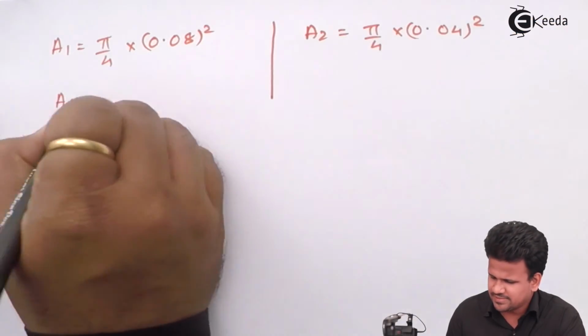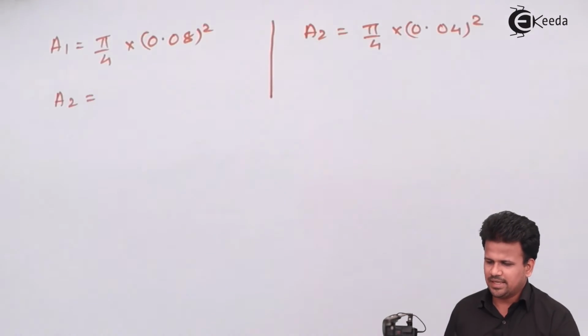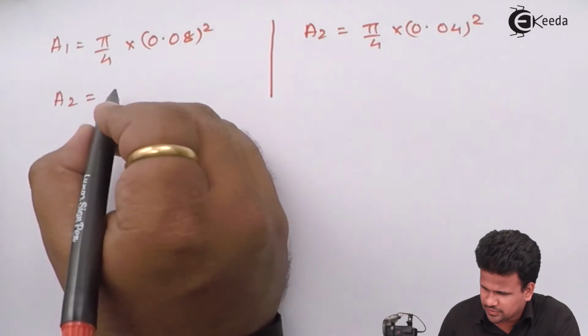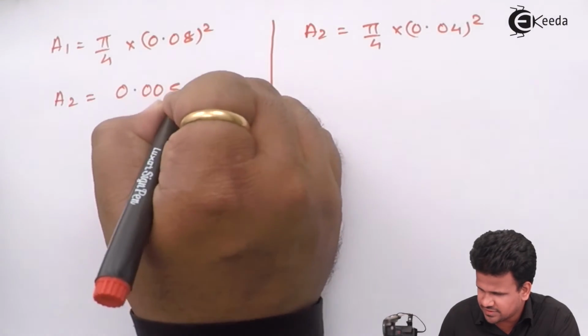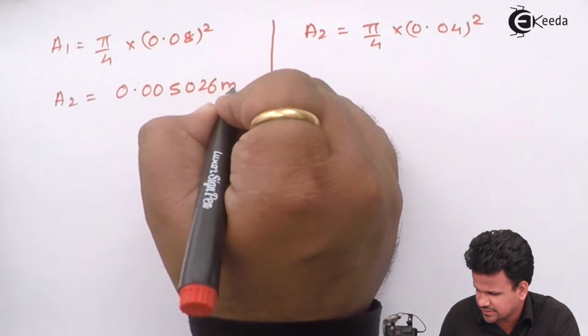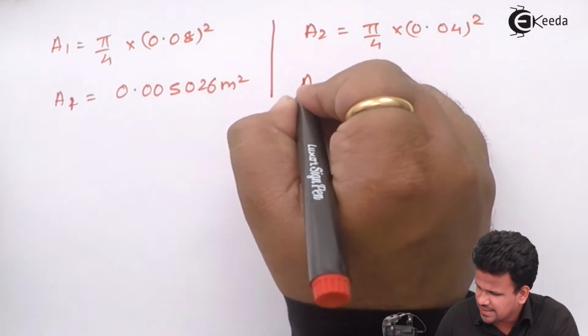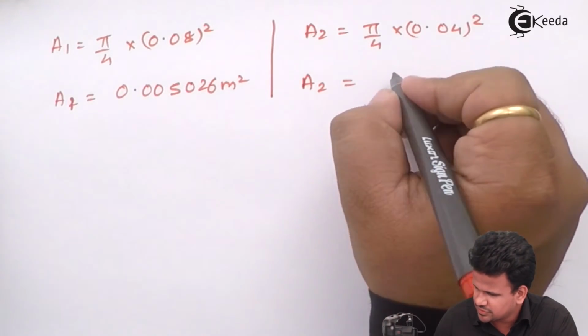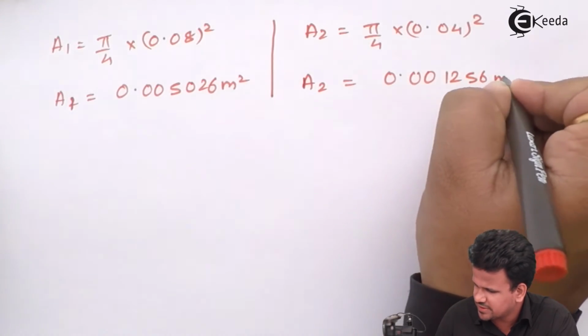Calculating this, the area comes out to be 0.005026 meter square for A1, and A2 is equal to 0.001256 meter square.